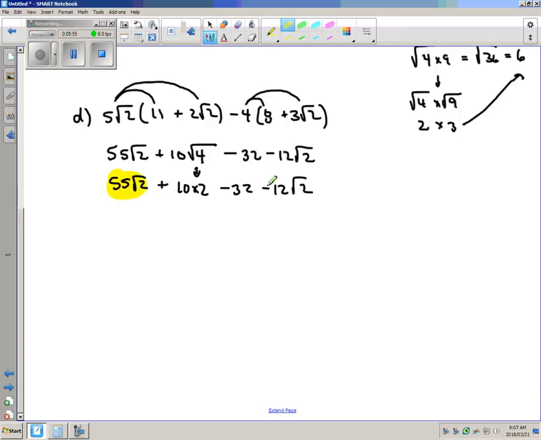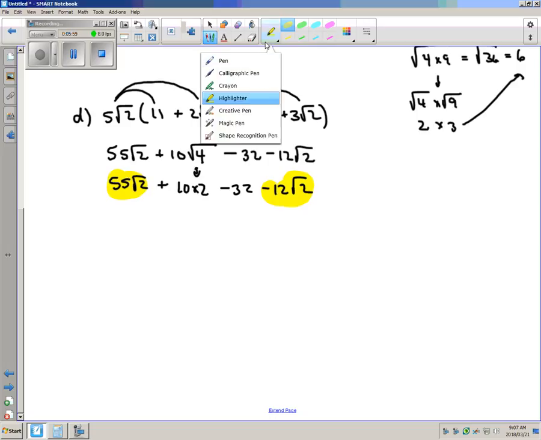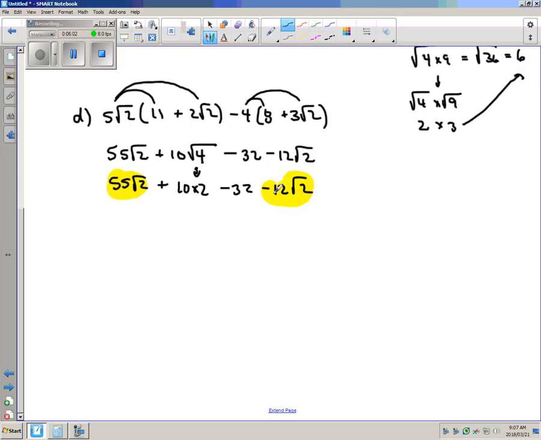This and this are like terms that can be collected. So I'm down to 55 take away 12, which is 43, so 43 of those root 2's. And then over here you've got a 20 and a minus 32, which is just a minus 12. So that completes 7D.